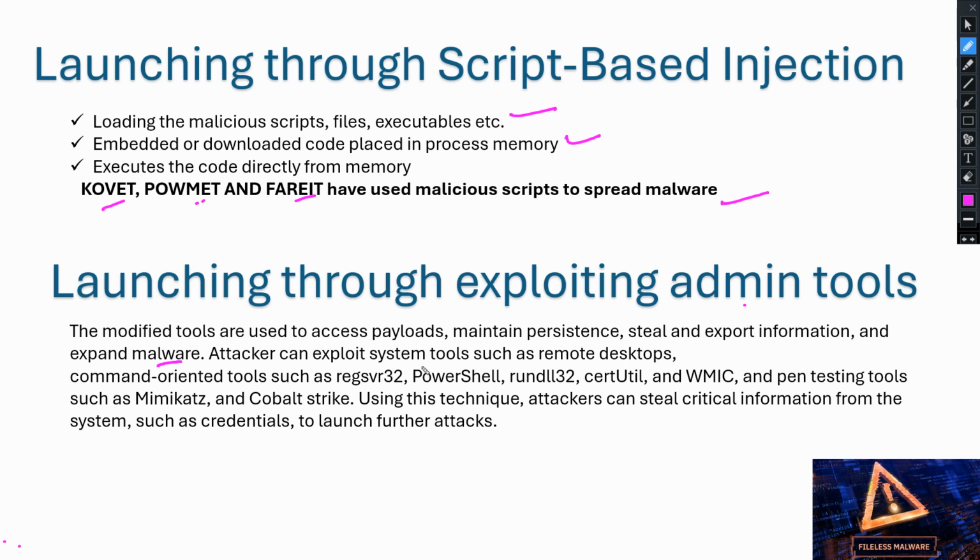Attackers can exploit system tools such as remote desktops, command-oriented tools like PowerShell, certutil, WMIC, and pen testing tools like Mimikatz and Cobalt Strike. Using these techniques, attackers can steal critical information from the system, such as credentials, and launch further attacks. These all are through exploiting admin tools.